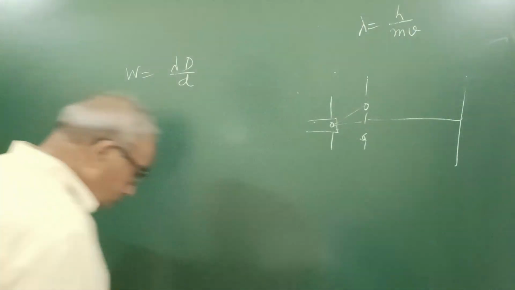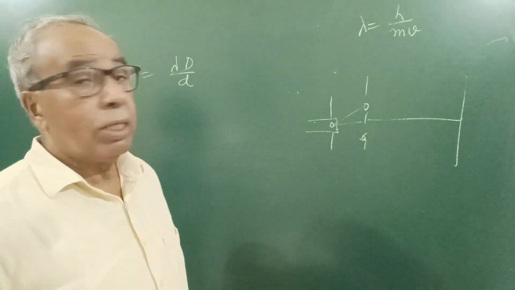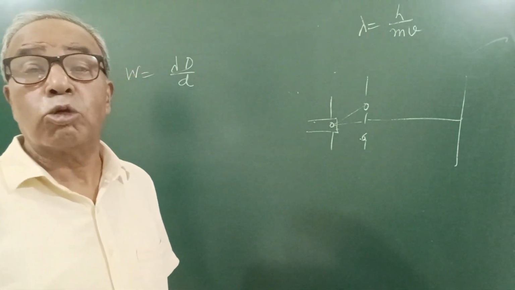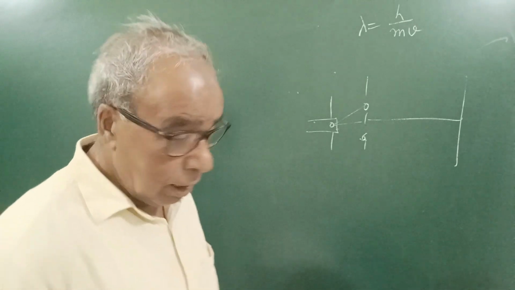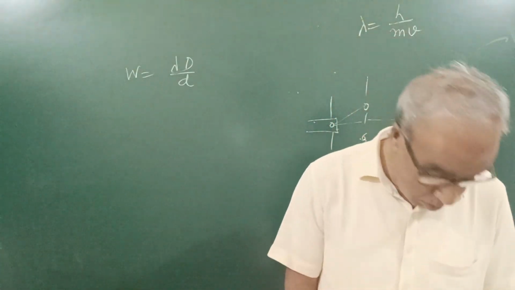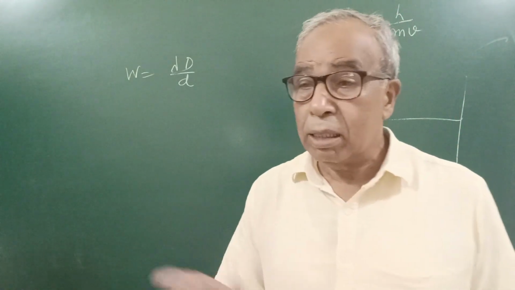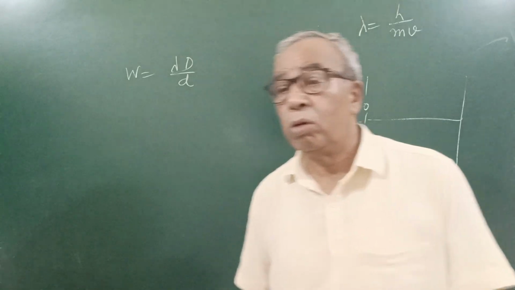And now we have a practical application. There is one device called electron microscope. Have you heard of electron microscope? When I ask students why it is so called, their answer is that we can see electron. No, we can't see electron.